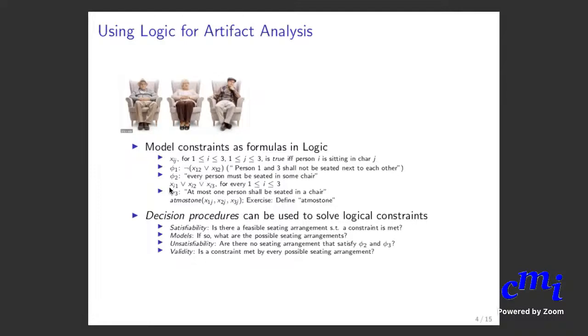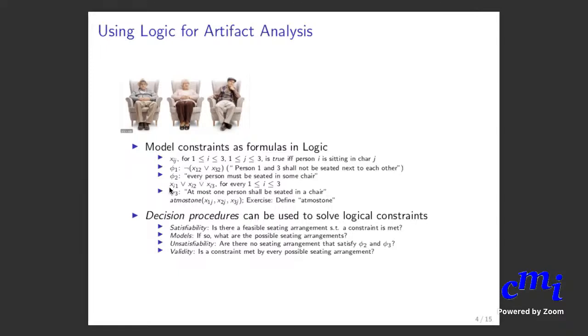And validity is sometimes also called tautology. If a given formula is true for every possible assignment, then that formula is said to be valid. So you can ask the question: is a constraint met by every possible seating arrangement? Those kinds of questions are what these are about.